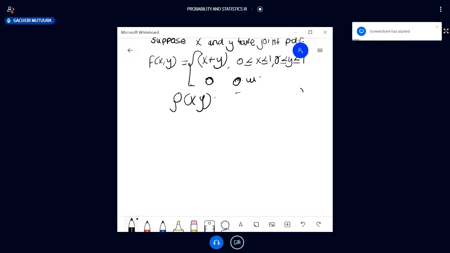We are going to start by obtaining what we had obtained last week for that question. We had obtained the expected value of xy, and the expected value of 3x plus 5y. I can see the expected value of xy was 1 over 3.